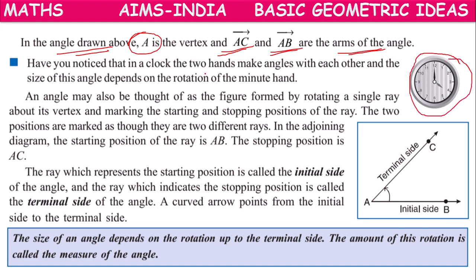So in your wall clock also, if you observe, the wall clock will be having hands: minutes hand, seconds hand, hours hand. Some of them only will be having two hands, minutes hand and hours hand. These two hands of the wall clock also make angles with each other, and this angle will be changing continuously. 12:05, 12:10, 12:15, 12:20, 12:25, 12:30, 12:35, 12:40, like that, by the rotation of the minute hand.